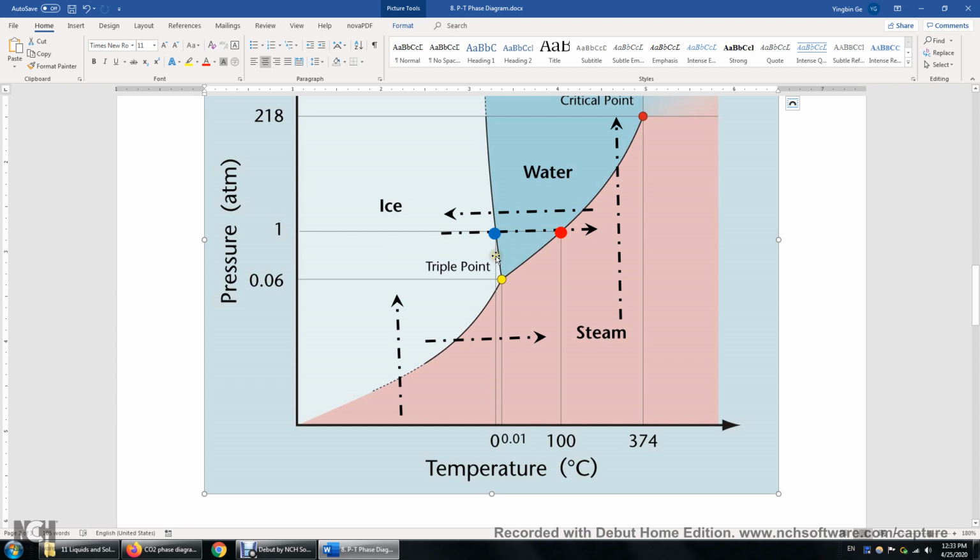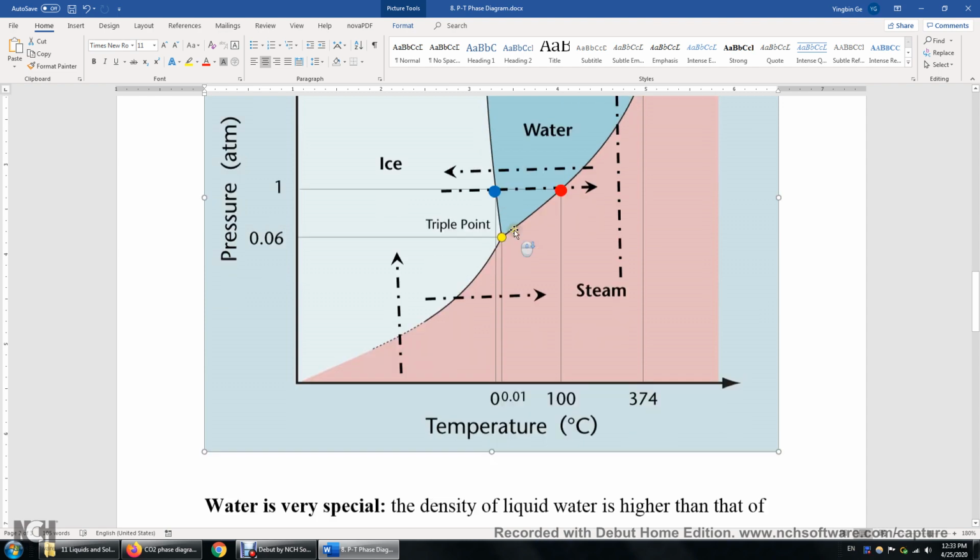So by increasing the pressure from below 1 atm to above 1 atm at 0 degrees Celsius, we can melt ice into liquid water. So you can try this in winter. You just drive on top of ice or snow. This ice or snow can melt temporarily.